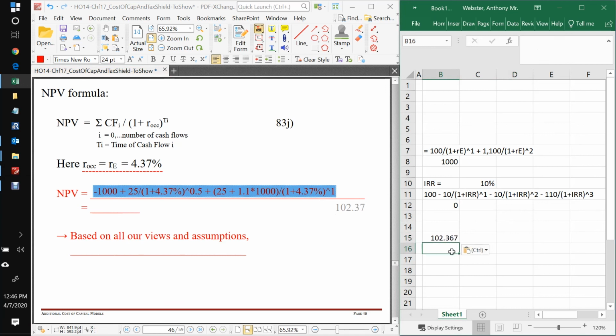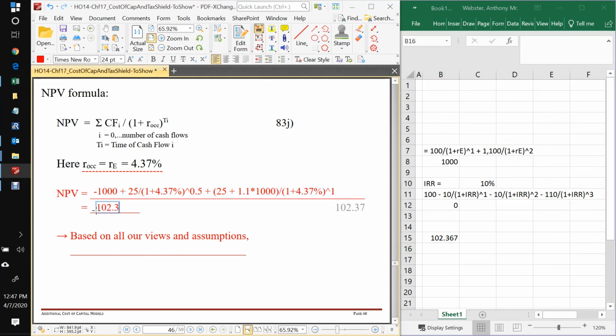Okay, and we got 102.367. And that is greater than 0 in most circles, so that's good. So based on all of our views and assumptions, and you see how many we've had to make to do this, we should buy the shares of WMT.